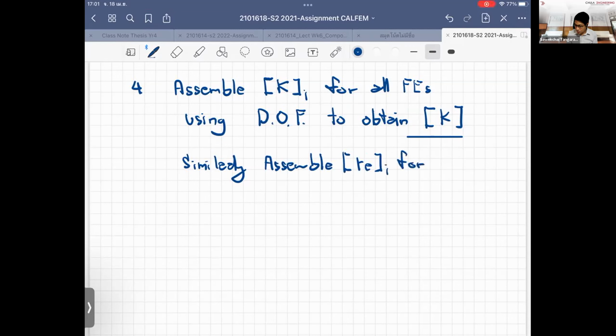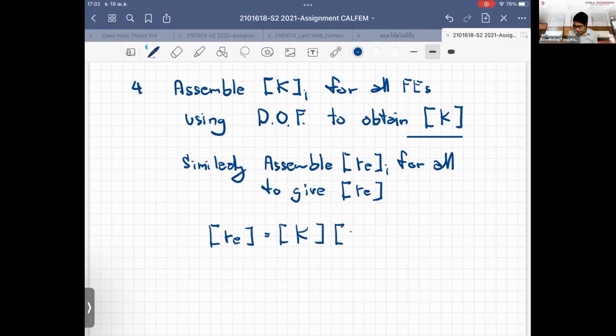For all, then you obtain, so by having this, you can have the governing equation. This one can be run and used for all elements.